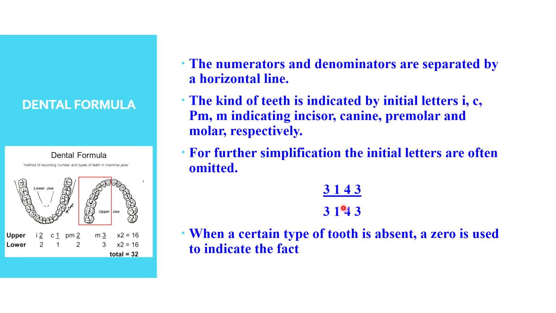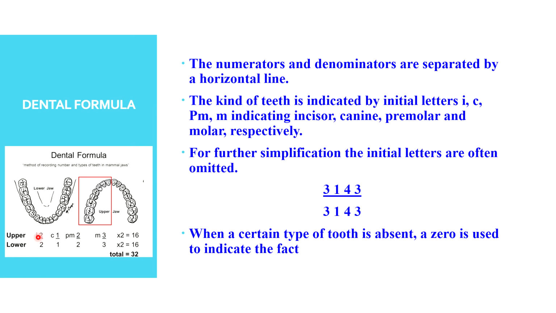These are represented by a horizontal line, and the numerator represents the upper jaw and the denominator represents the lower jaw. And the kind of teeth is indicated by initial letter. That means incisors, the first letter is I, canine C, premolar PM, and molar M.